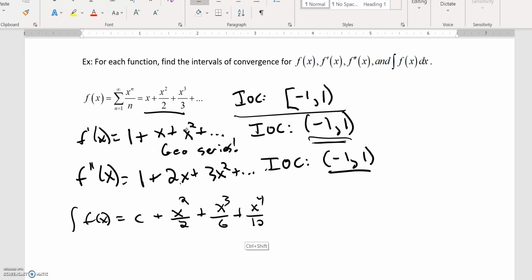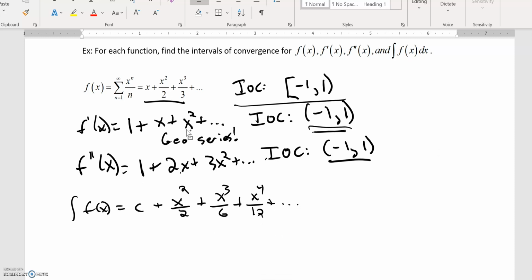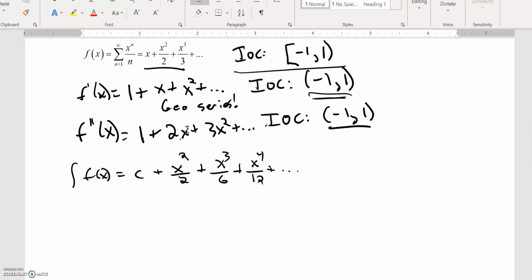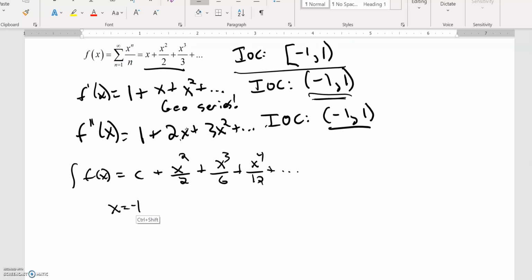And so one question you might have is, does this thing converge or diverge when I plug in 1 or -1? Well, I can just look at it by inspection. For x equals -1, with it being some constant, which I don't really care about, the integral of f of x is 1/2 minus 1/6 plus 1/12 and so on.